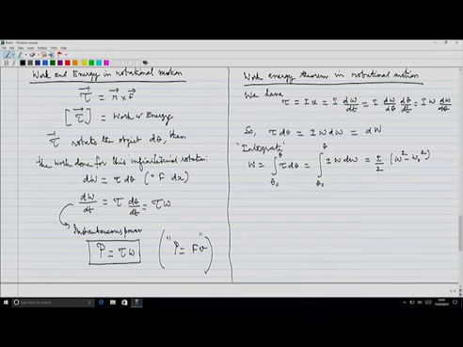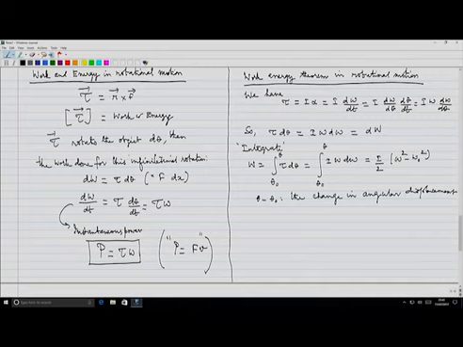So what is theta minus theta naught? That is the change in angular displacement. When the particle is at theta naught, the angular velocity is omega naught.